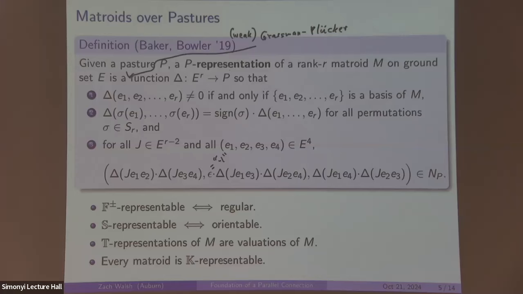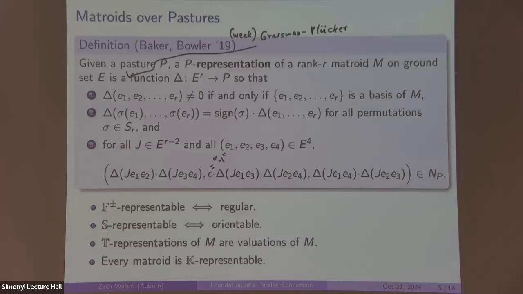Okay. So why is this a good definition? There are a few reasons, but the main one is that now we can study existing important classes of matroids as matroids that are representable over a specific pasture. Matroids that are representable over the regular partial field are exactly regular matroids.